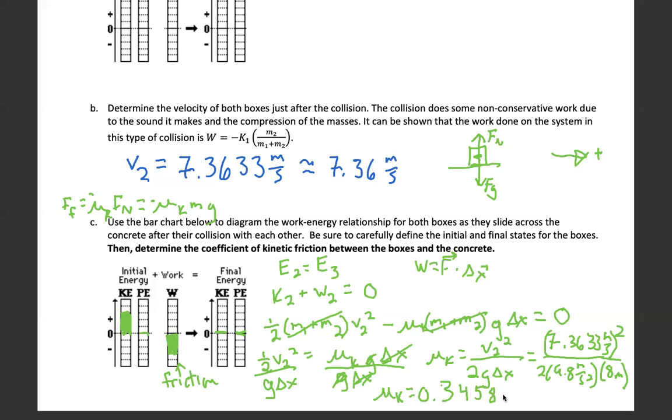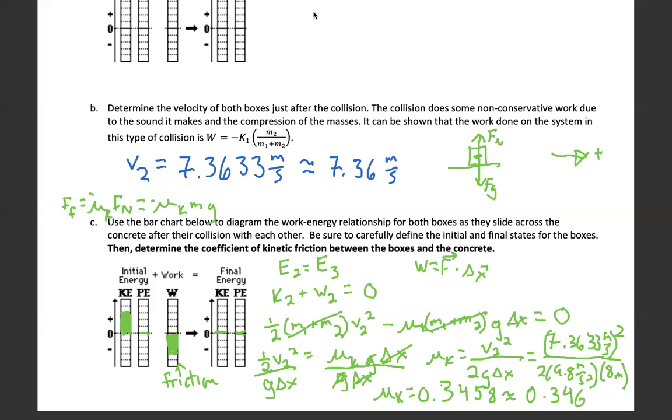Remember, mu is unitless, which we would just report to 3 significant digits as 0.346. I think Mr. Woodward got something slightly lower, but that's just because of the way he was rounding. So we worked the whole thing this way, and hopefully that makes some sense.